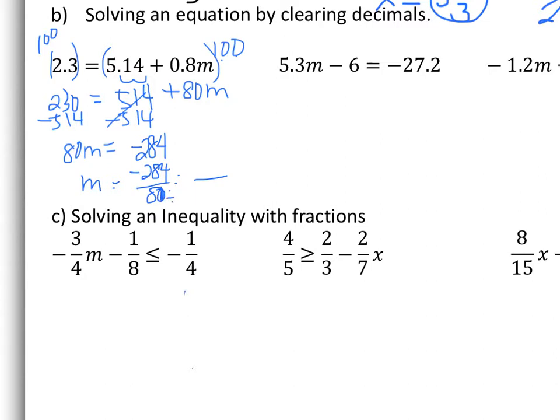And then we divide by 4 the numerator and the denominator. And negative 284 divided by 4 is negative 71. 80 divided by 4 is 20. And then I will let you leave your answer like this. And you can also write it as a mixed number of -3 and 11/20.